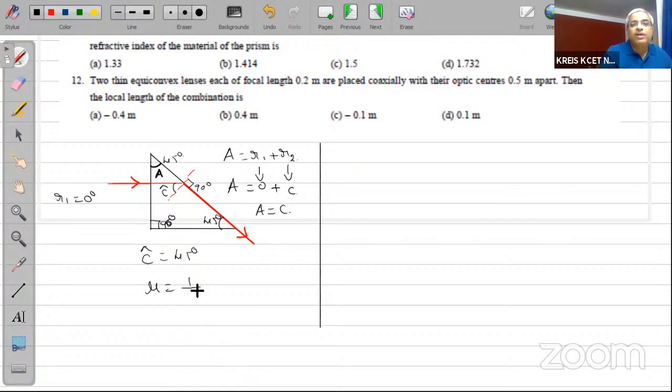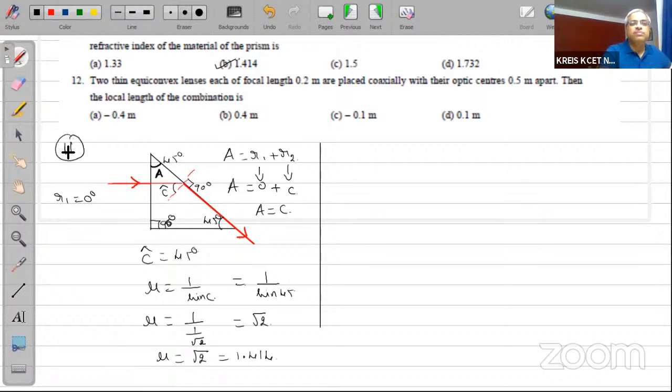Mu is nothing but 1 by sine C, so this is 1 by sine 45. Now sine 45 is 1 by root 2. Correct? So hence mu will be equal to root 2. So the refractive index of the prism will be equal to root 2, which is 1.414. And therefore the answer should be B for this. This is your 11th question.